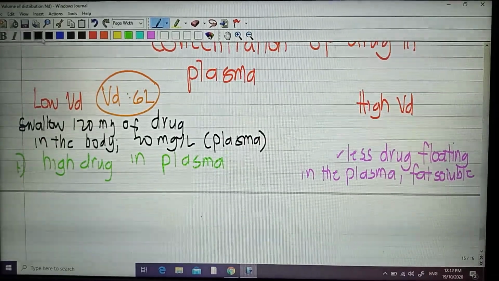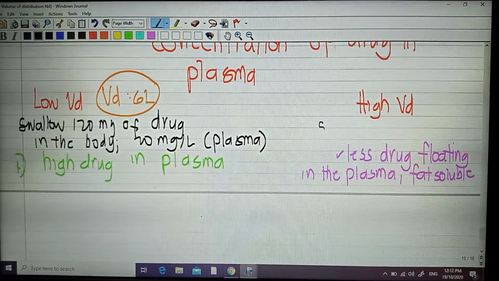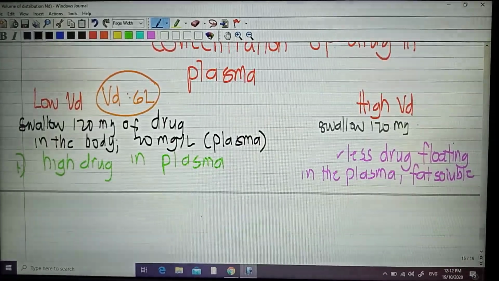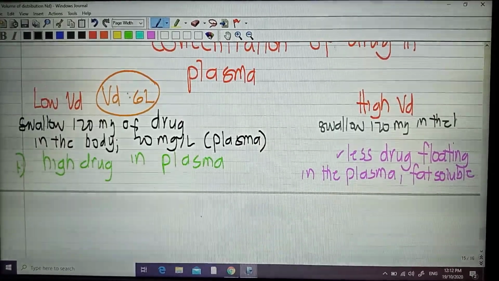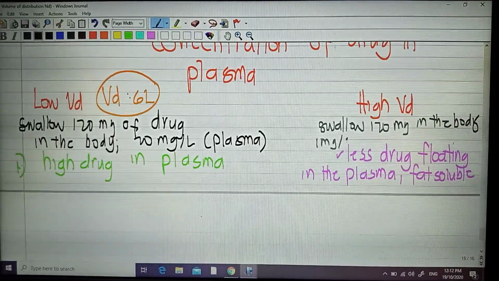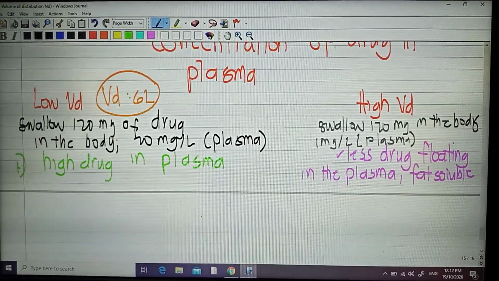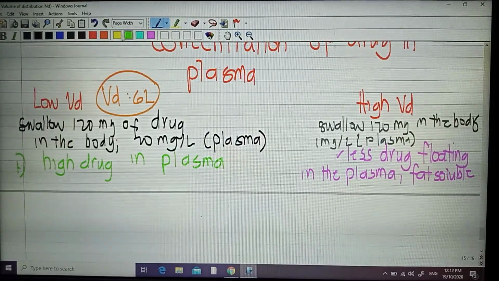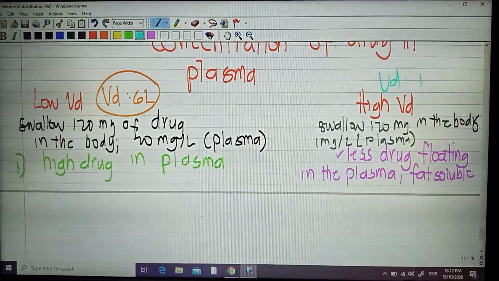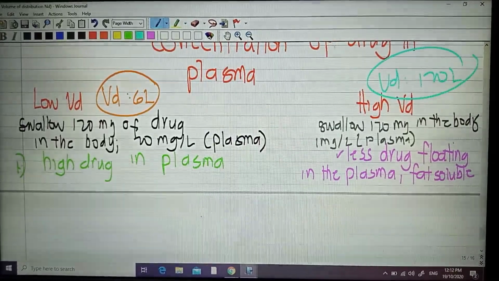An example of a high volume of distribution: if you swallow 120 milligram in the body, and you have 1 milligram per liter in the plasma or the fluid component of the blood, you will have a VD of 120 liters. So that is the concept of your volume of distribution.